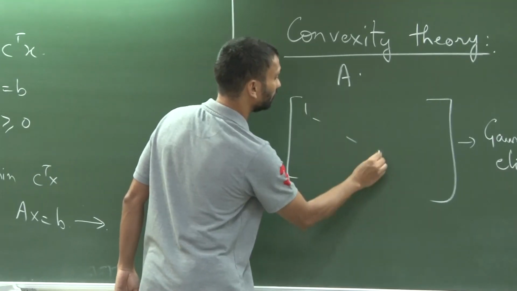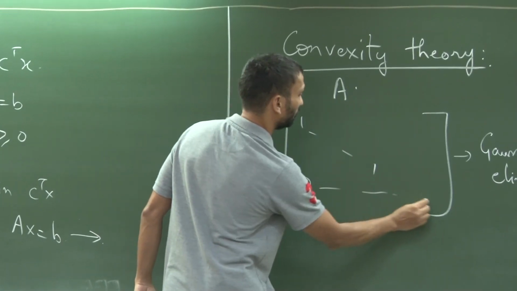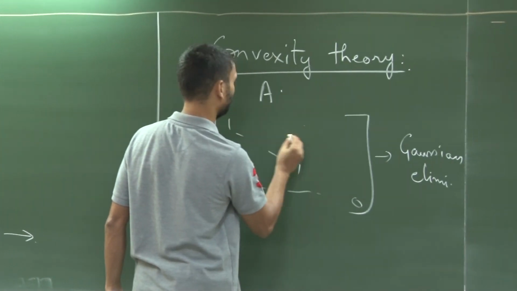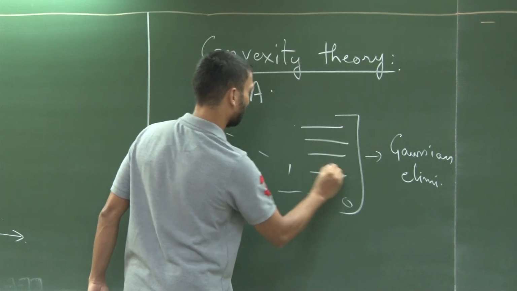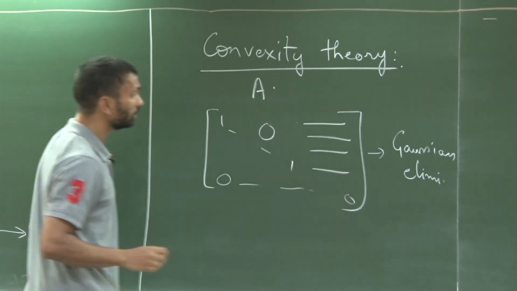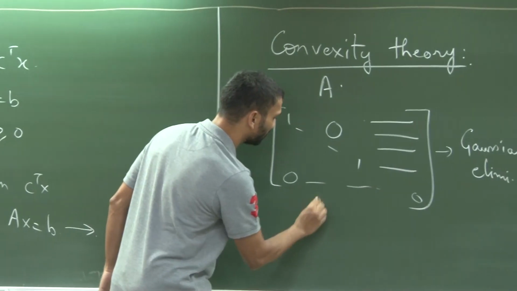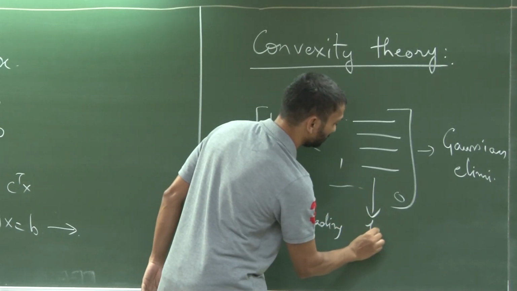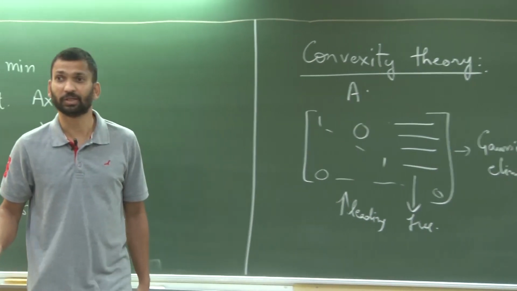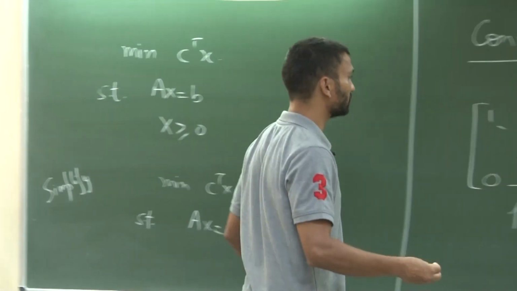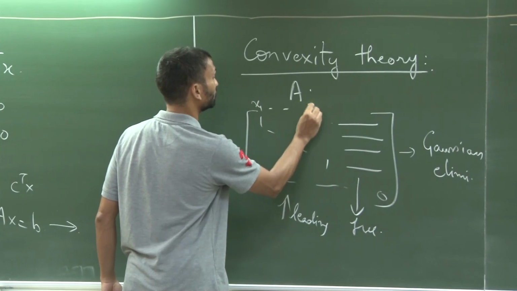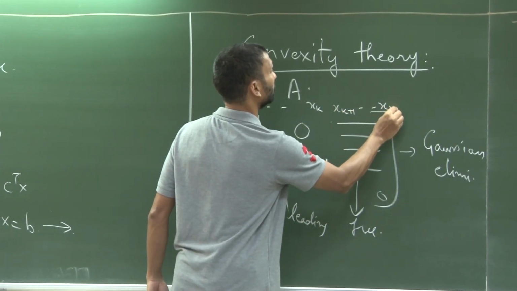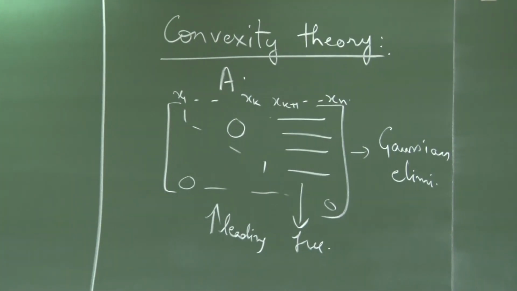It turns out I will have this kind of a structure where there will be some entries, but what do I know? These are my leading variables and these are my free variables. So, let us just call the leading variables x1 to xk and the free variables xk plus 1 to xn, right.